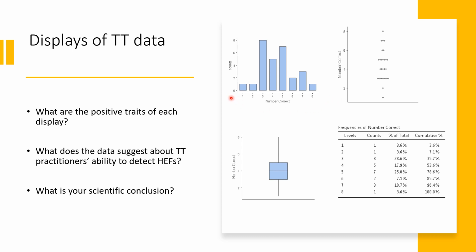No one got 0 correct either, so those options are displayed. It shows you that most of the scores are centered between 3 and 5. Remember, 5 is chance performance. There were a few people who did better than chance, but most people are doing below chance.